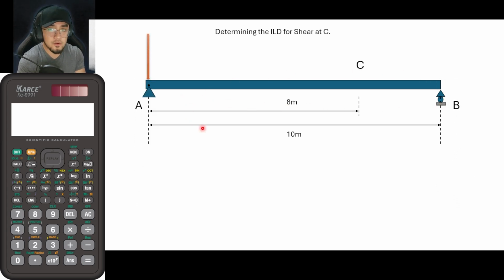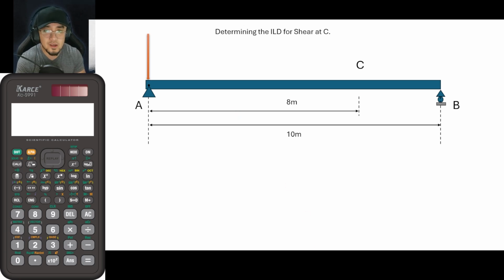In order for us to draw the influence line diagram, what we would be doing is that we will be placing a unit load at this portion, and then we would be solving for the reaction, not the reaction, but the result of the shear at this point if ever the load is here, here, here, since we are to assume that this is a moving load.